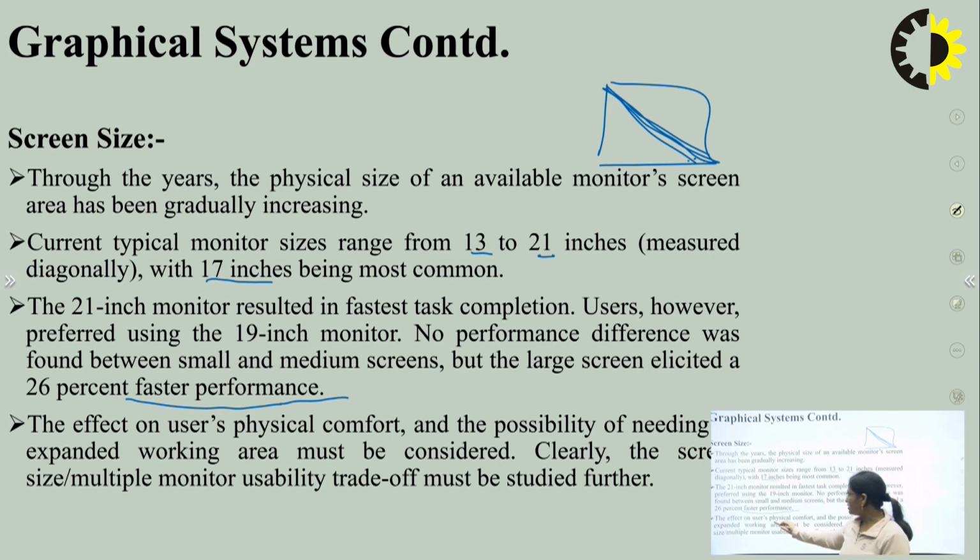The effect of user physical comfort and the possibility of needing an expanded working area must also be considered here. Clearly, the screen size and multiple monitor usability trade-off must be studied further. Okay, that's all for today. Thank you.